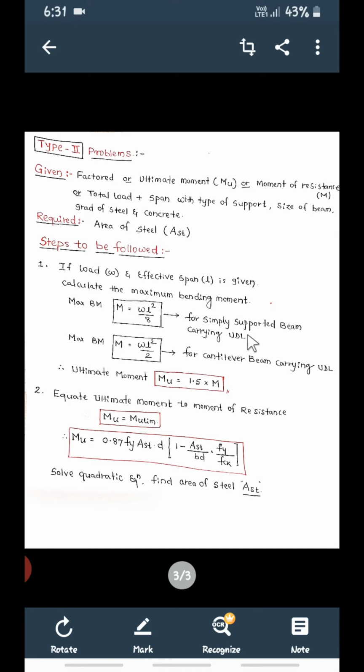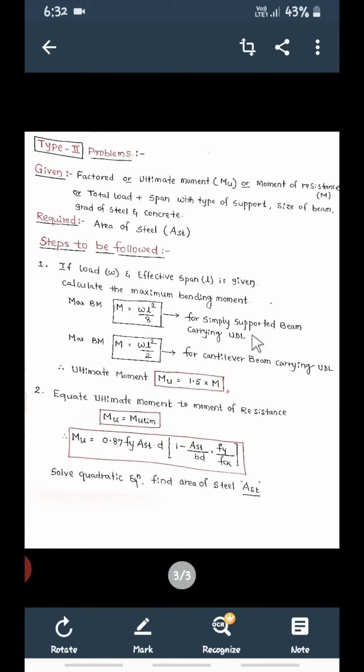If it is a simply supported beam subjected to UDL, the maximum bending moment is WL square by 8. Here W and L will be given in the problem, so you can calculate M.